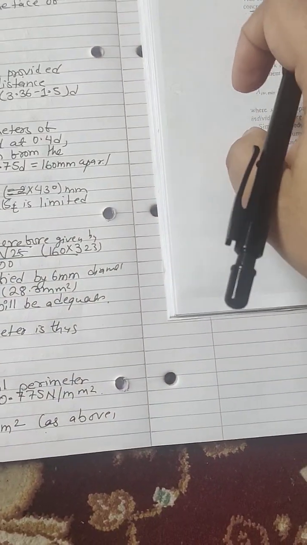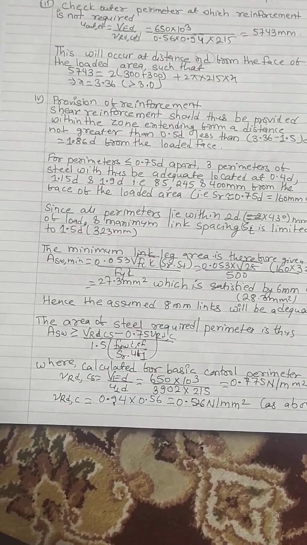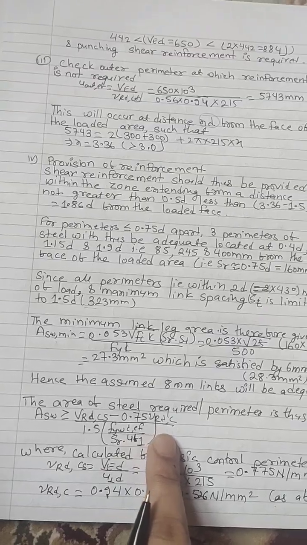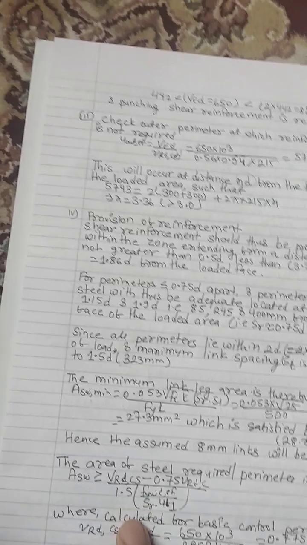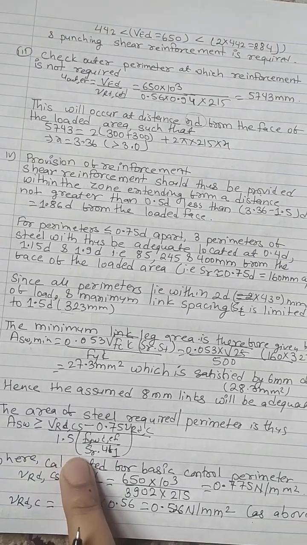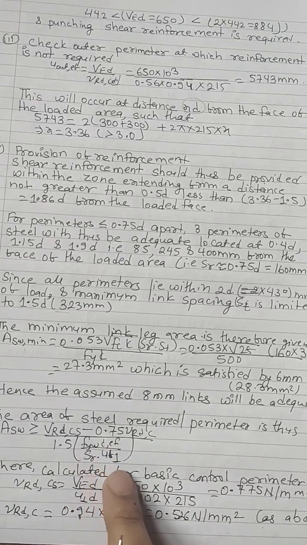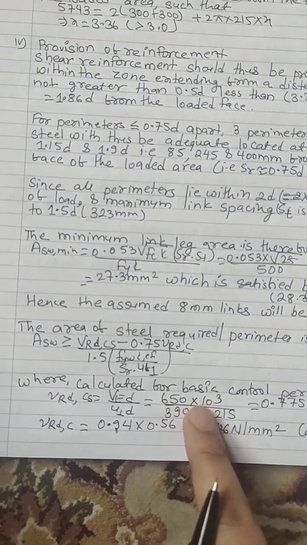Now we need to calculate the area of steel requirement. So the area of steel required is equal to (vEd − 0.75 vRd,c) u1 d, divided by 1.5 fywd,ef sr u1. That is all given here. vEd is VEd divided by u1 into d.